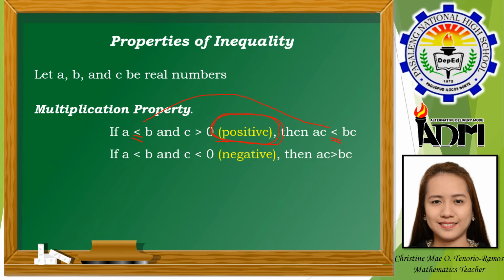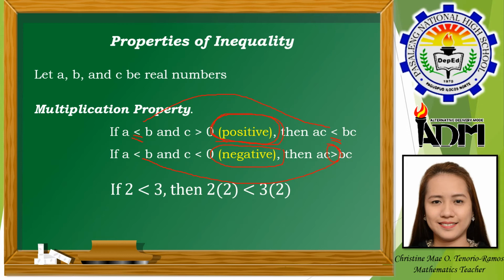And then, pag less than 0 naman or negative yung imo-multiply, definitely magbabago yung direction sa original. Original is yung less than, magiging greater than. Kapag greater than naman yun, magiging less than. So, bakit ba ganun yung nangyari?